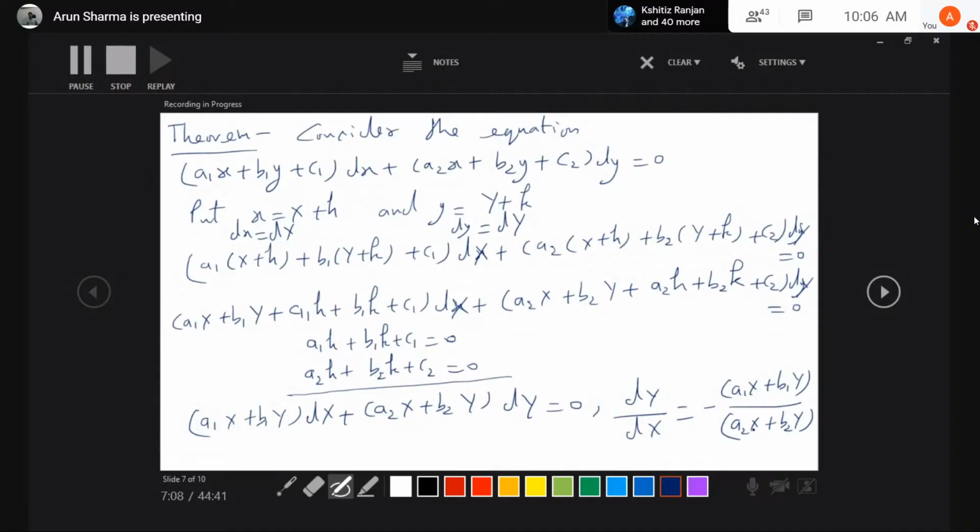You can divide by X. Do the substitution Y equals vX and solve it. It will convert into variable separable form. Again replace v by Y by X, and replace capital X by x minus h and capital Y by small y minus k. Understood? We move on to the next slide.